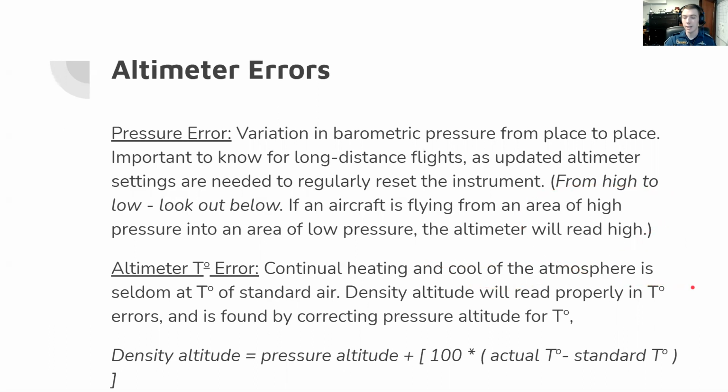Density altitude is going to correct for temperature errors. So in order to do that, you need to take your pressure altitude and you need to add 100 times the difference of your two temperatures in degrees Celsius, and that will bring up your altitude in feet.